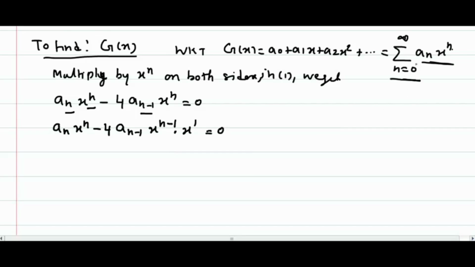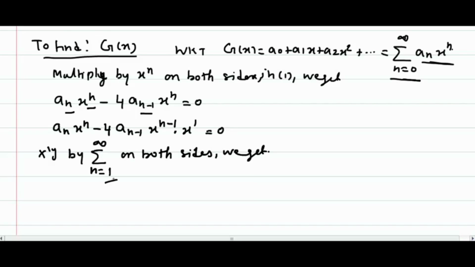Once we have that, next I'm going to apply summation on both sides. Why? Because the generating function is of the form sum of a_n x^n. In the given equation, n varies from 1 to infinity. So we apply summation on both sides, n from 1 to infinity. Why do we consider n up to infinity? Because in the given equation n varies from 1 to infinity.